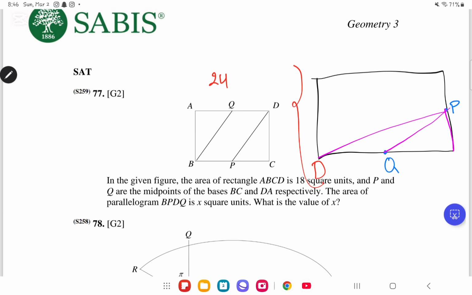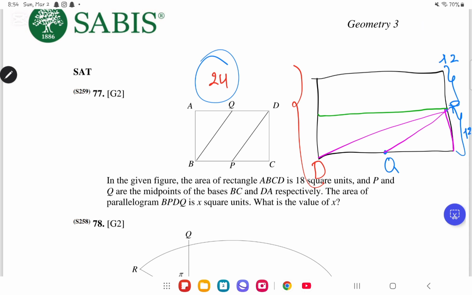There are very many ways to explain this, okay? Now, one way to take it is that, as you can see, Q and P are the midpoints. That means if you draw a line like this, you will officially be separating it into 2 equal parts. So if it was 24, then this is now going to be 12, and this is also going to be 12.